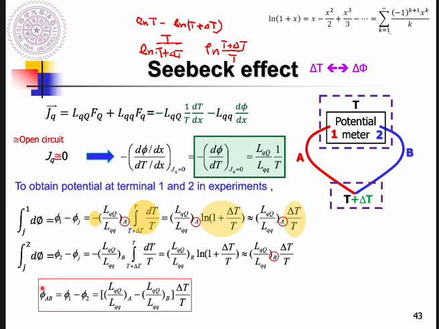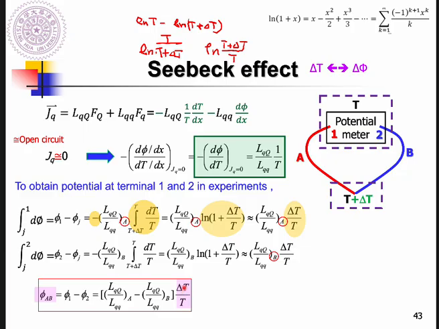Okay, this is the first piece of information, which I hope can convince you. And the second piece of information is, if you look at this carefully, do you remember the definition of the Seebeck coefficient?